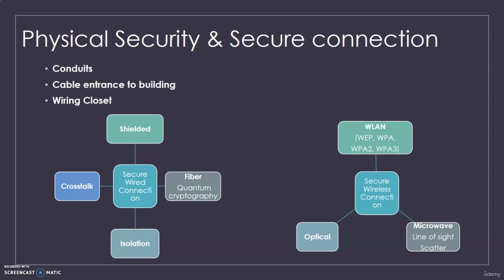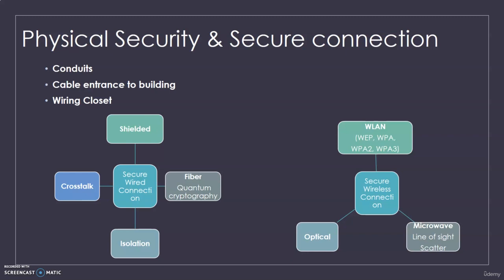When we look at the microwave, again microwave is also for the most part line of sight. The two antennas have to see each other. Even strong wind sometimes can affect the strength or quality of a signal.